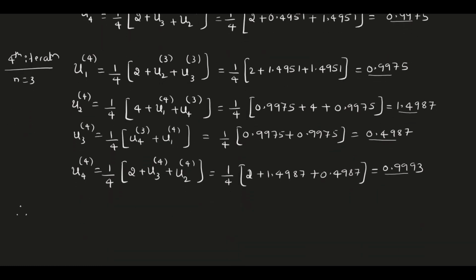Therefore, from the third and fourth iteration, u1, u2, u3, u4 are equal up to two decimal places.